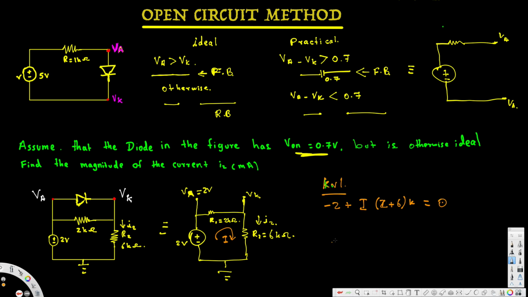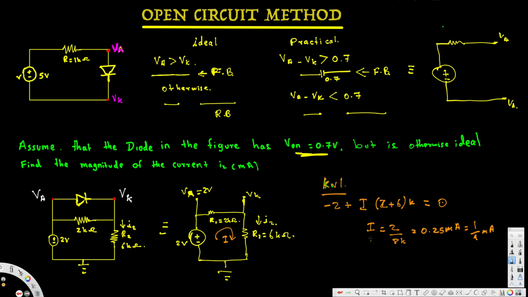That's KVL. Now if we rearrange this, it's going to give us I is equal to 2 divided by 8K, and that's going to give us 0.25 milliampere.